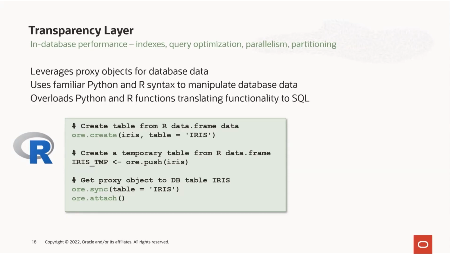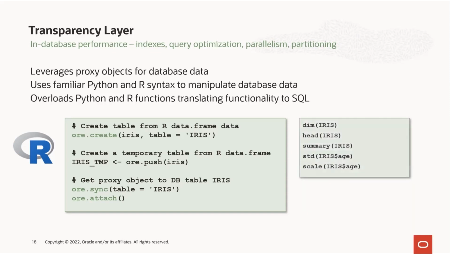And if the table already exists in the database, the most likely case, we can use the function ORE sync and specify the table name we wish to access. Each of these returns a proxy object that we can then use to invoke familiar R functions like dim, head, and summary. And these overloaded functions, in effect, translate the desired functionality to SQL for in-database processing as appropriate.